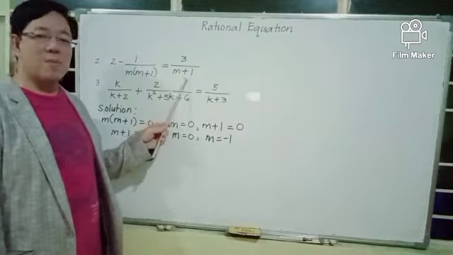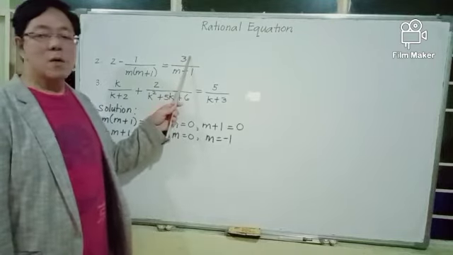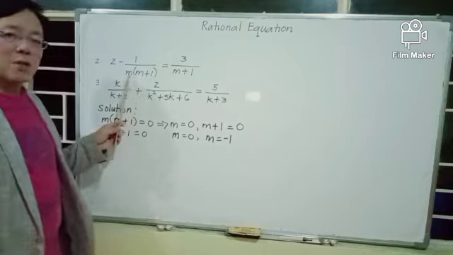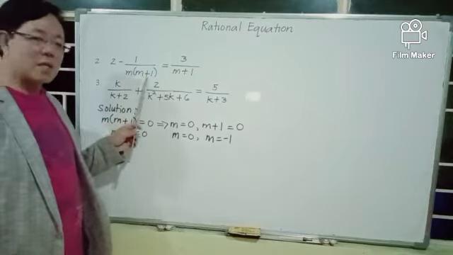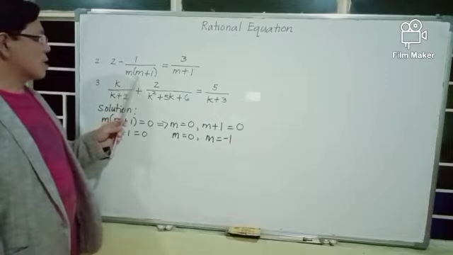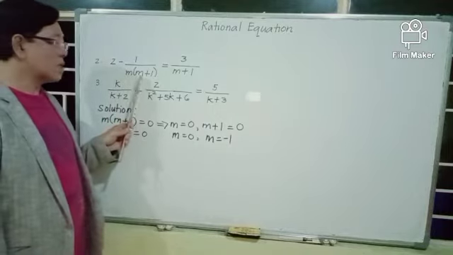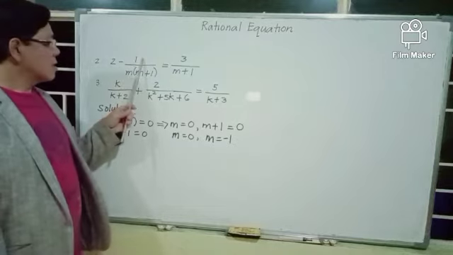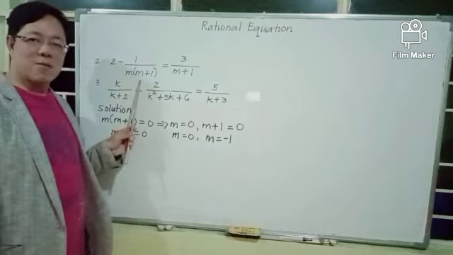M is negative 1 plus 1 is 0. And so 3 over 0 is undefined. Also, this denominator m times m plus 1 will be 0 if m is negative 1. You have negative 1 times negative 1 plus 1. Negative 1 plus 1 is 0 times negative 1 is 0. Thus, 1 over 0 is undefined.